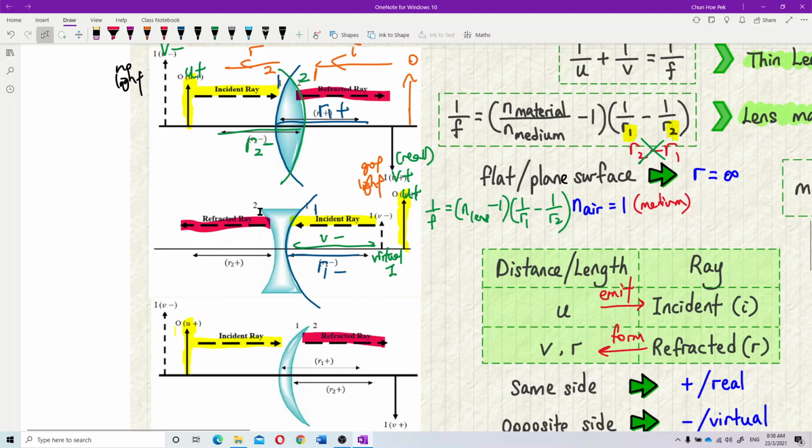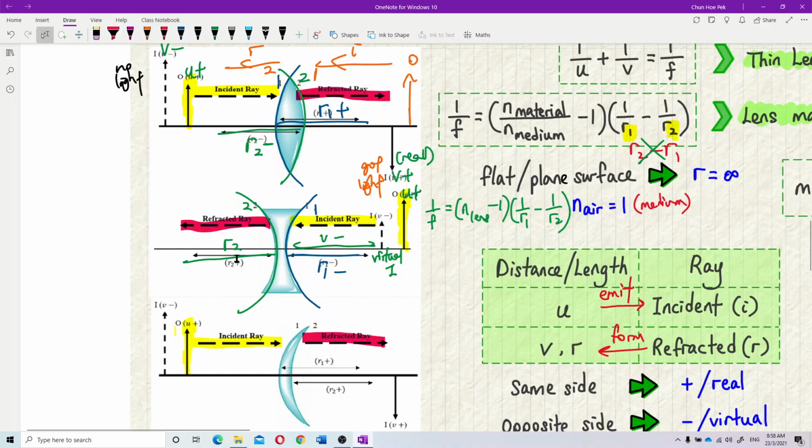Then which one is the second surface? This is the second surface, because the refracted ray goes out. So R2 is over here, at the left hand side.